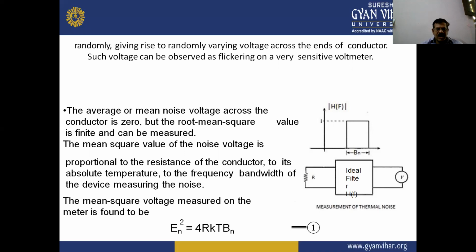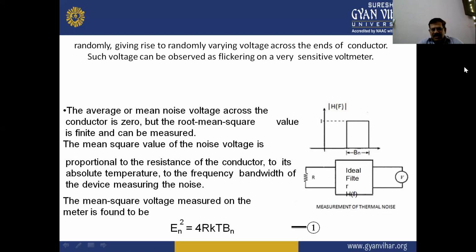So the mean square voltage measured on the meter is found to be En square equal to 4kTRB, where R is the resistance, k is the Boltzmann constant, and T is the temperature. The measurement of thermal noise we can see in this diagram.